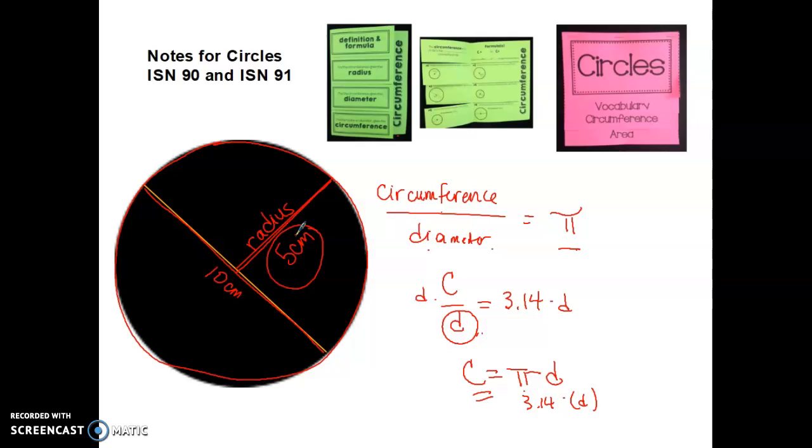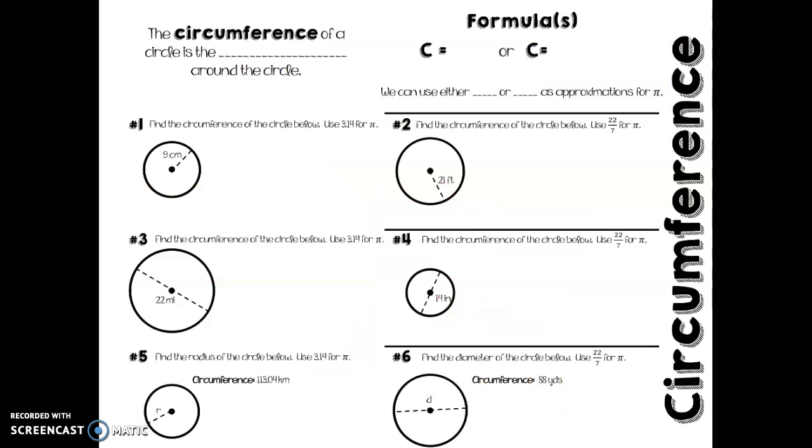Get out your notes, and I want you to take these down. The circumference of a circle is the distance around the circle. The formula, we just figured it out, is pi times diameter.